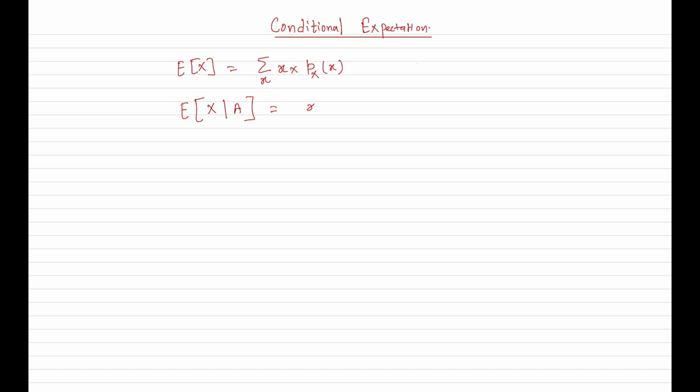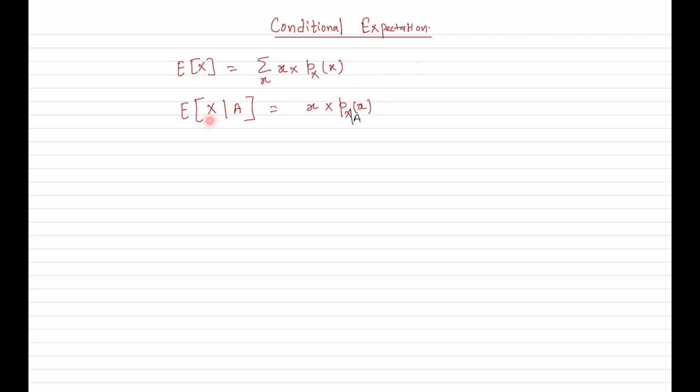The random variable can take any value, that is little x. So whatever value the random variable takes, little x, times its associated probability, and we sum over all values. One more point to note here: this will not be an ordinary probability, it will be a conditional probability. So this is the difference between this expectation and the ordinary expectation.